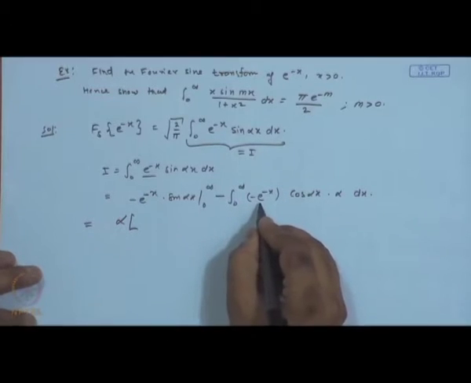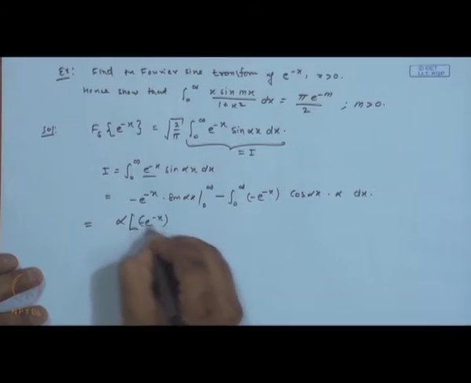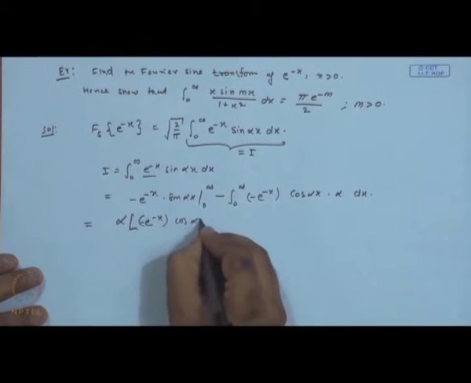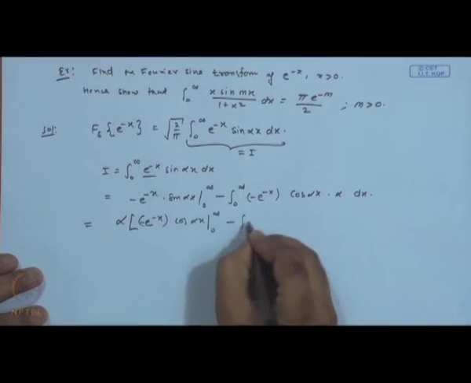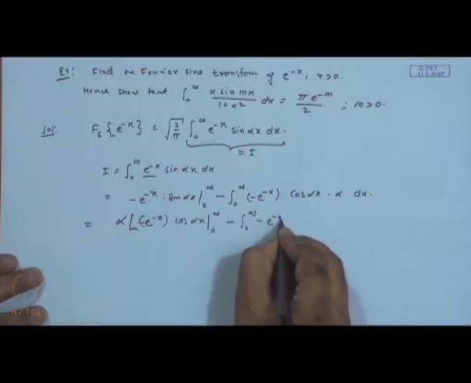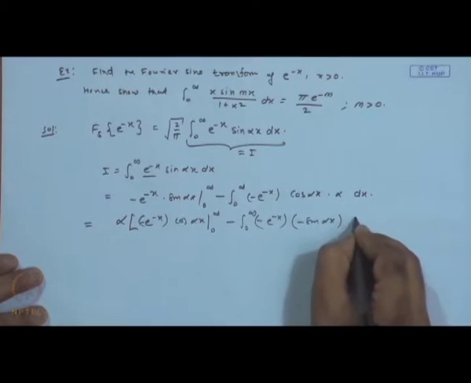Now we have minus minus plus, so we have alpha, and then again we integrate: minus e to the minus x cos alpha x, limit 0 to infinity, minus the integral from 0 to infinity of e to the minus x, and then we have minus sin alpha x again times alpha dx.